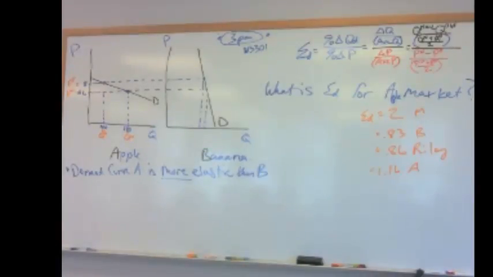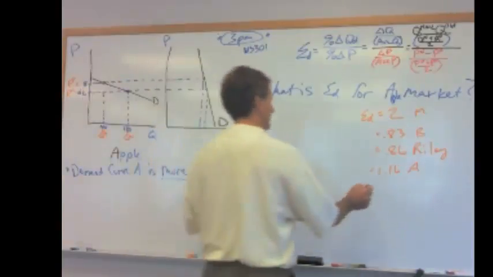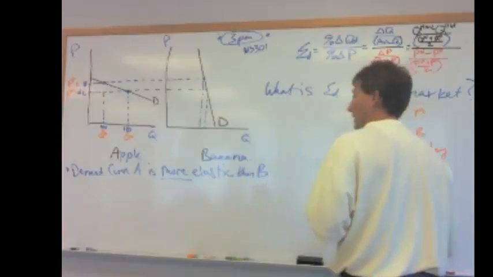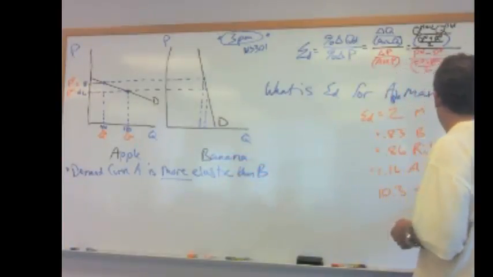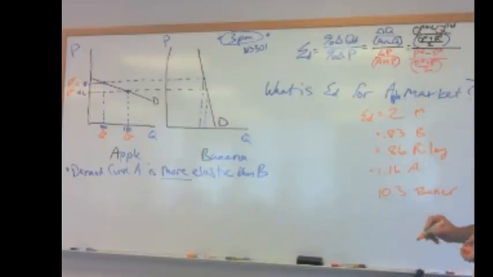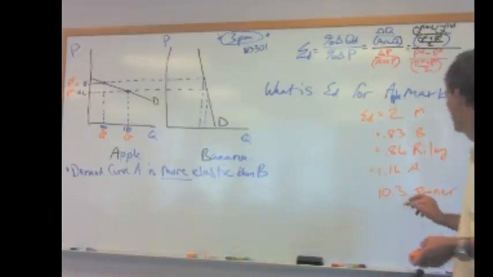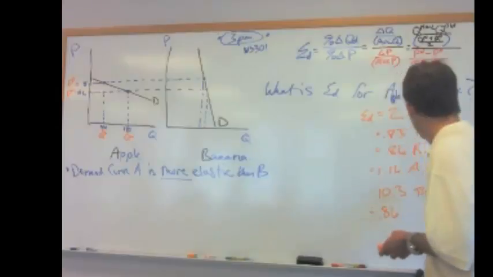More seconds. How much? 10.3. Name again? 10. Negative 0.86.